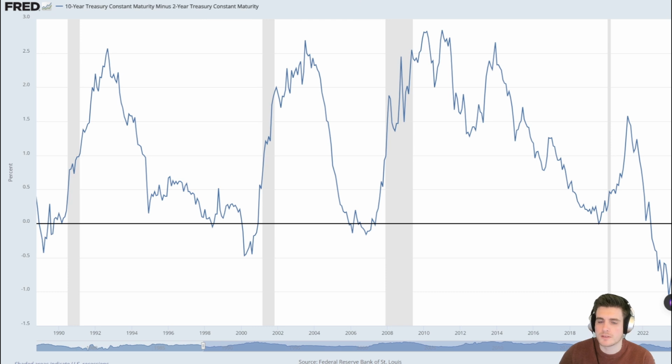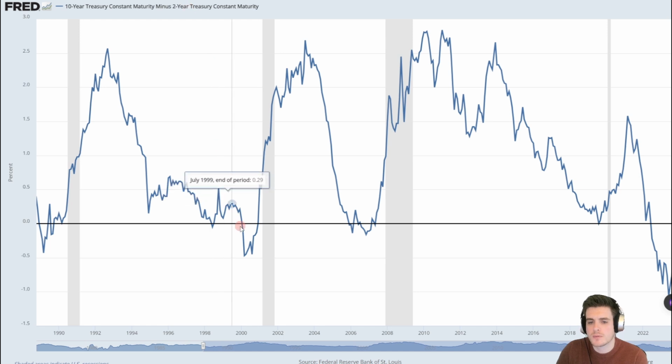Then, if we look at the yield spread, which is a measure of long-term bonds minus short-term bonds. Well, when it inverts below zero, that's a sign which always occurs shortly before a recession.